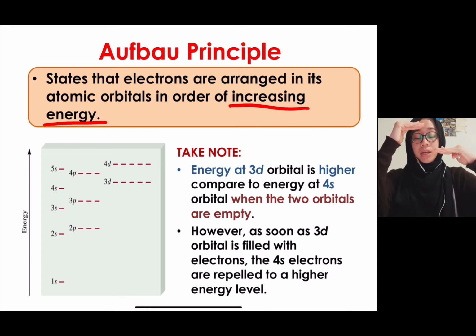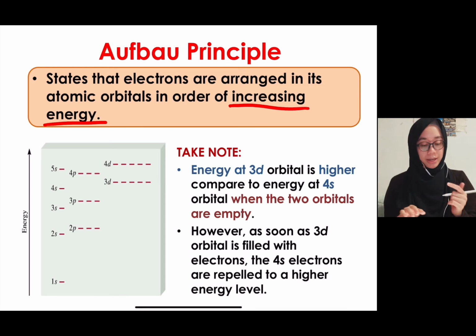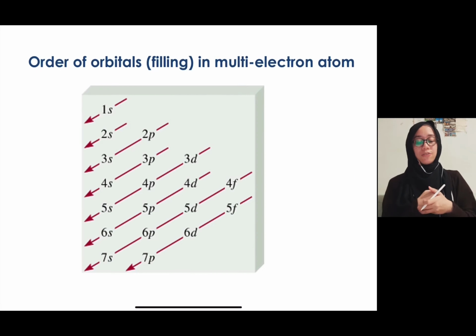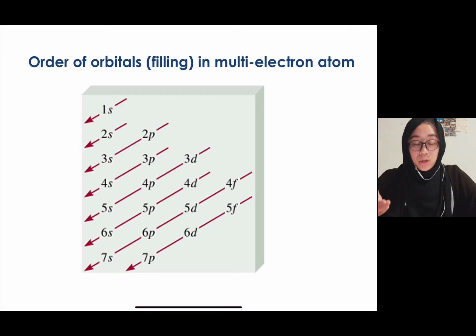But bear in mind, this is only for when both orbitals have been filled. So this is the order of orbitals in a multi-electron atom. Jadi ini sebenarnya cara nak tahu macam mana kita nak isi the electrons into the orbitals.